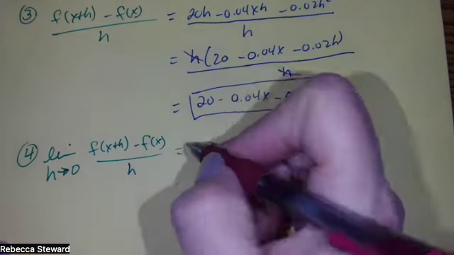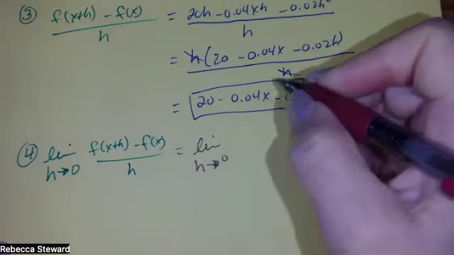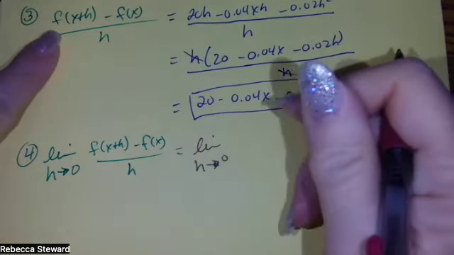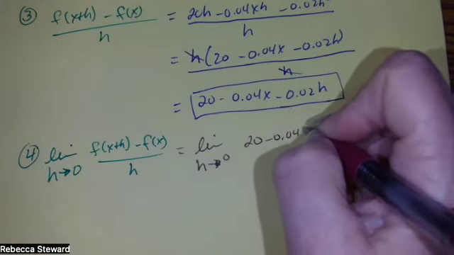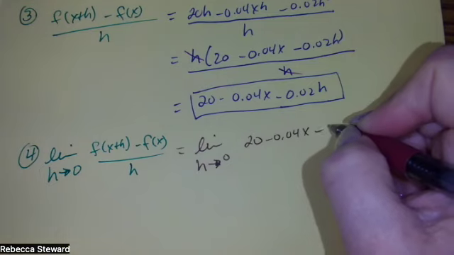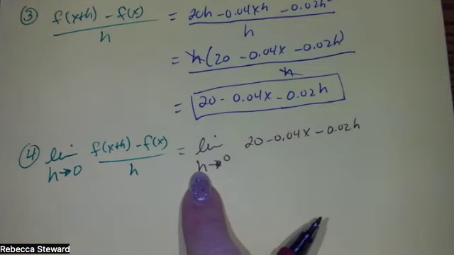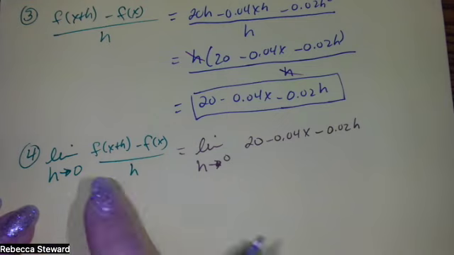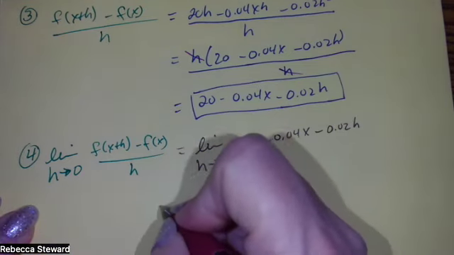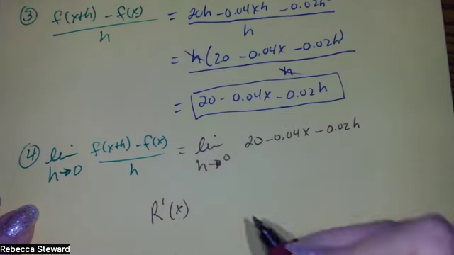That means we have the limit as h approaches 0 of this part right here: 20 minus 0.04x minus 0.02h. This will also be known as r prime of x.